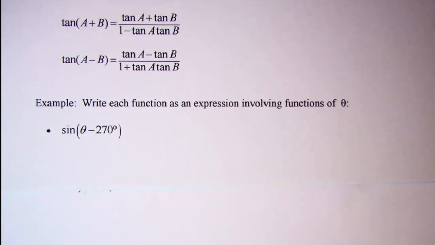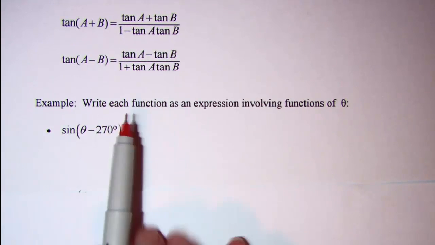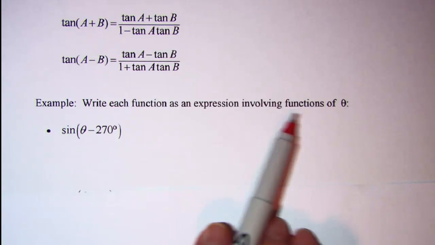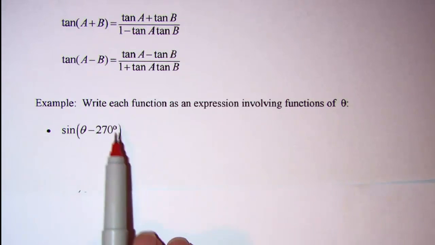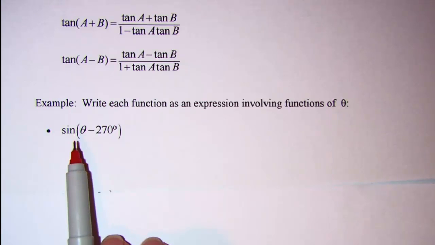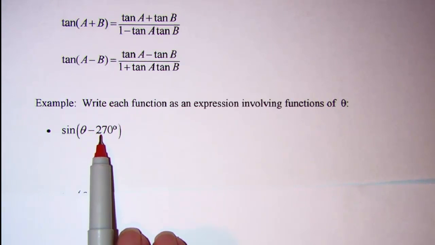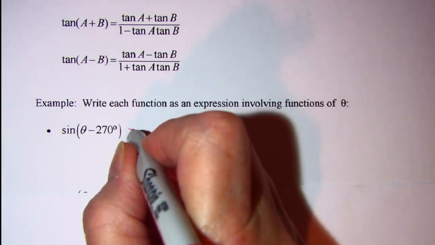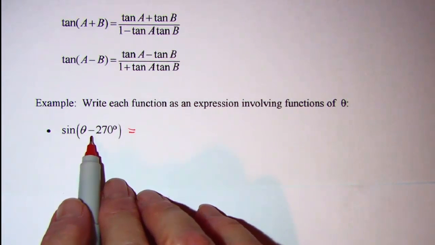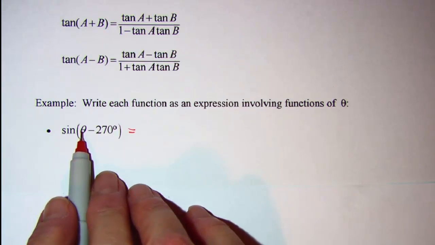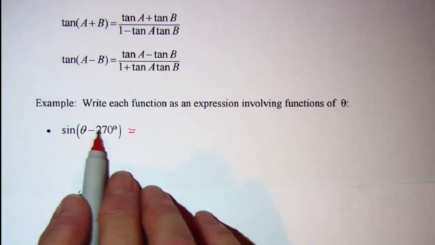The example that we'll be doing is to write each function as an expression involving functions of theta. So we have a sine of theta minus 270. Well, we know that the difference is sine of the first angle times cosine of the second.